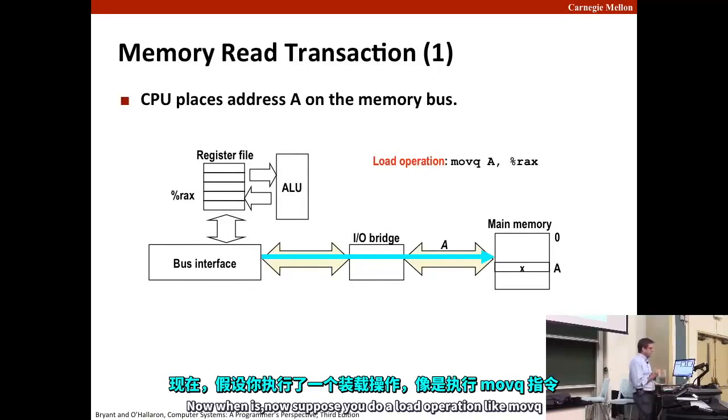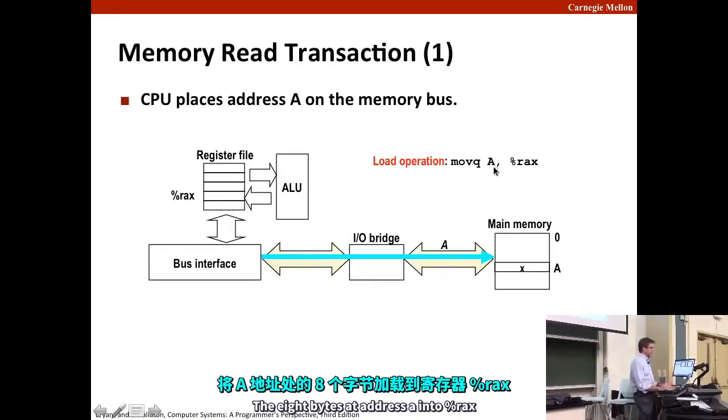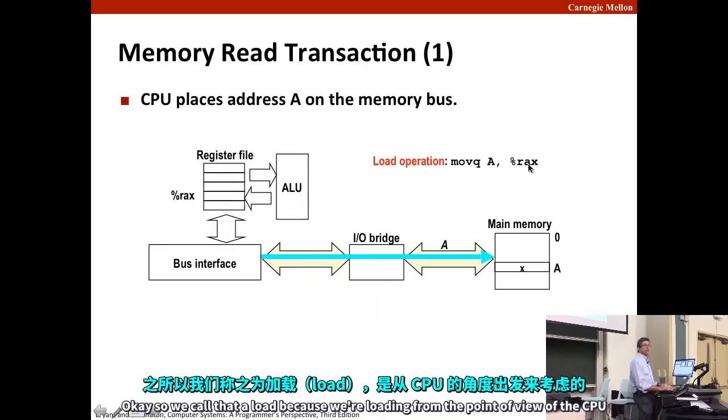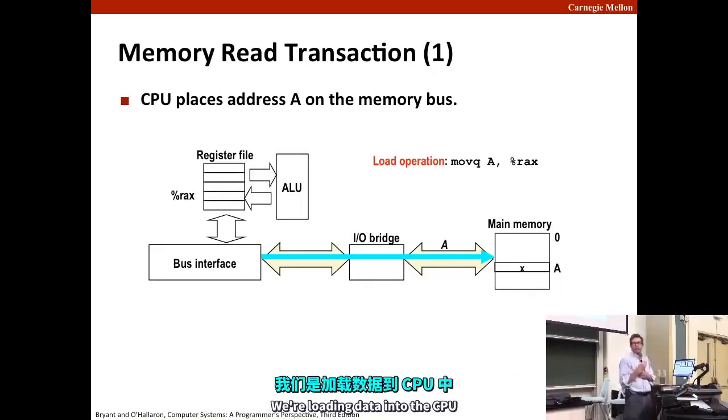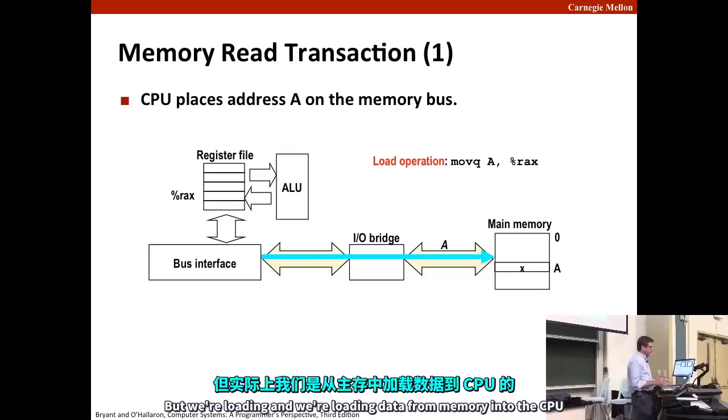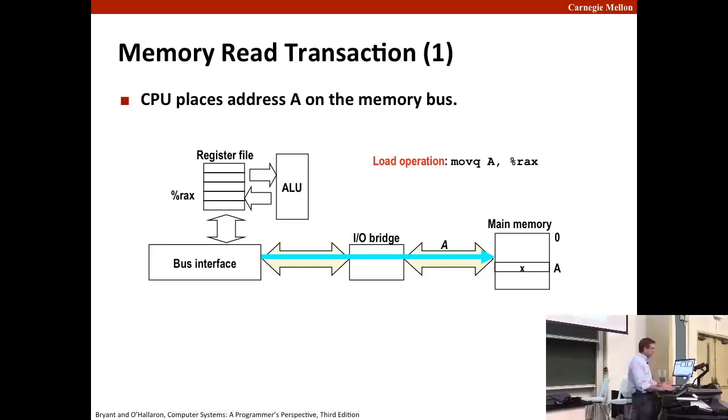Now suppose you do a load operation, like move Q the 8 bytes at address A into RAX. Okay, so we call that a load because we're loading from the point of view of the CPU, we're loading data from memory into the CPU.